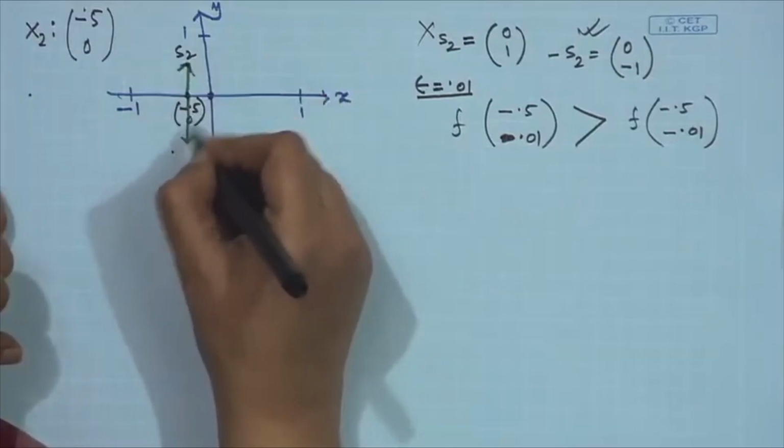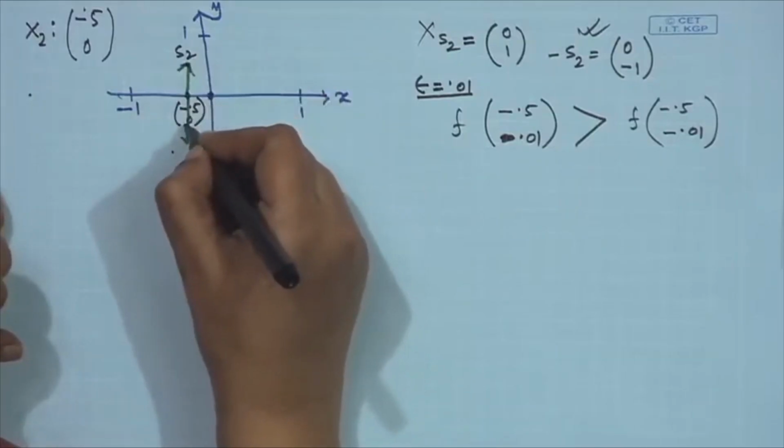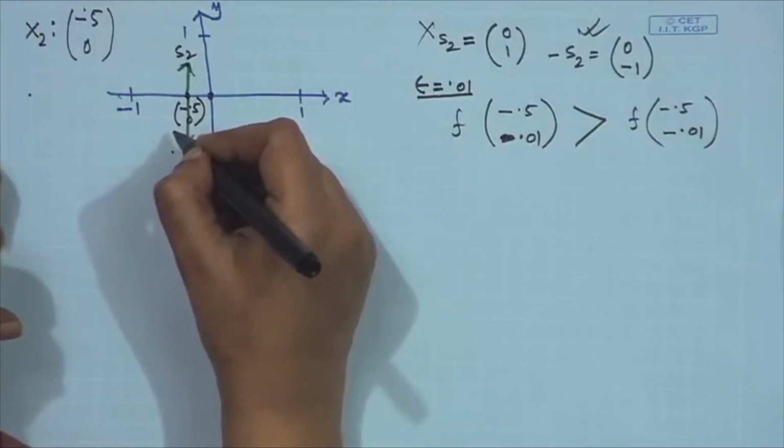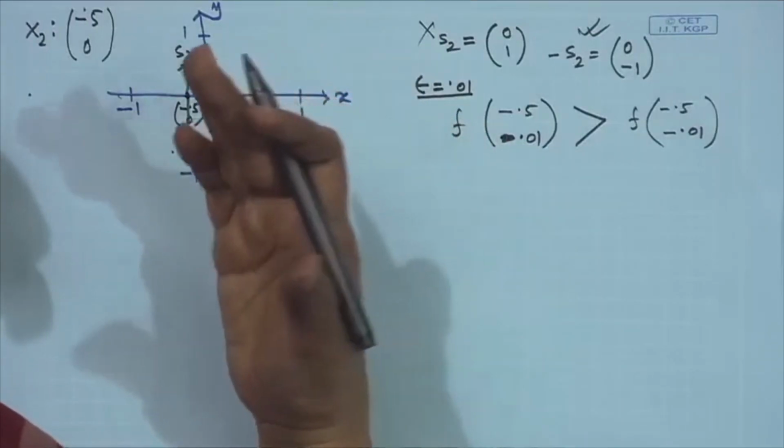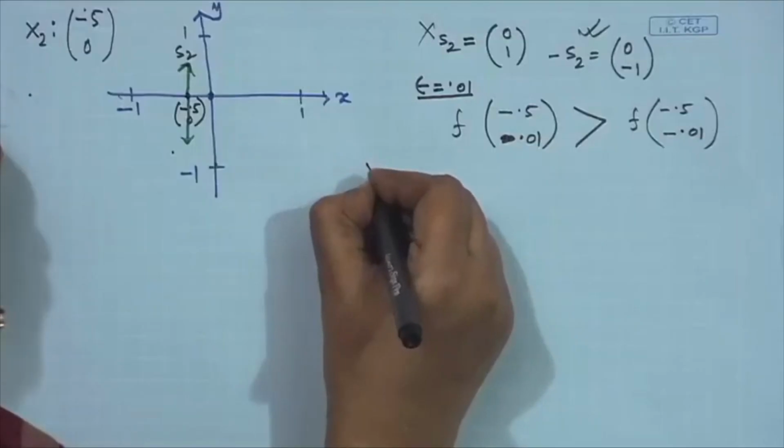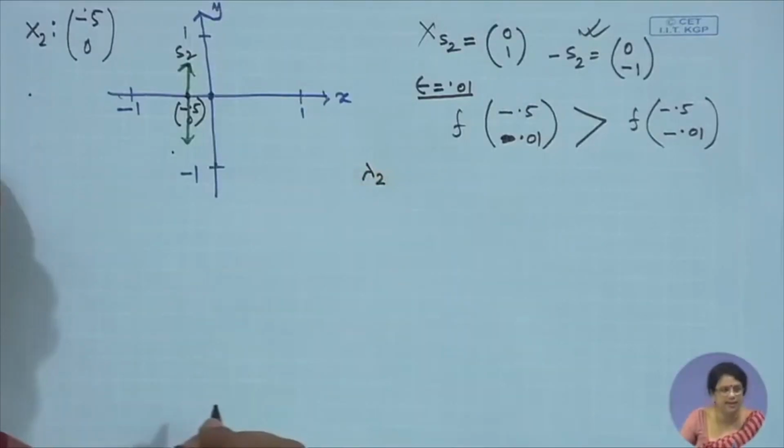Again the problem comes: I am moving this way, from here to here, but what would be the optimal step length? Let me consider the optimum step length as lambda 2 in this case.